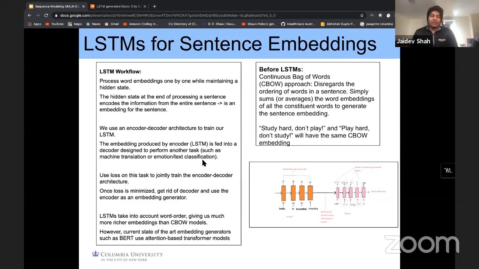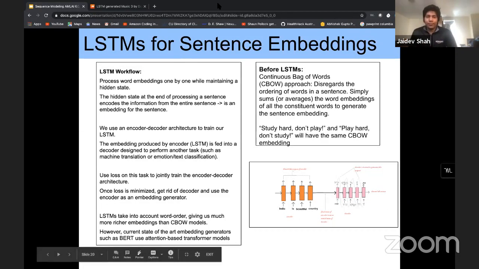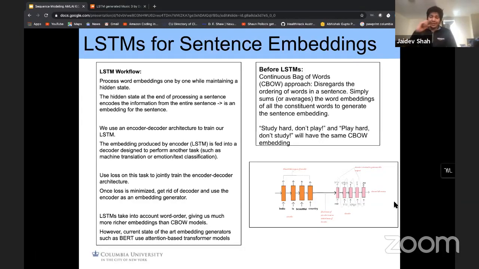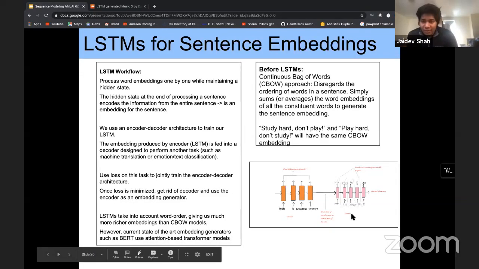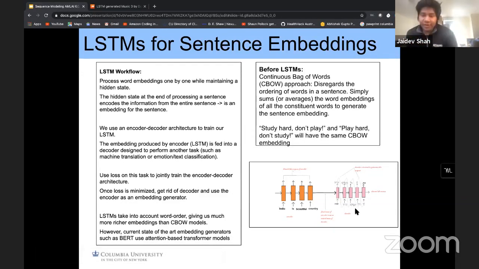In this case, our task, for example, is machine translation. I want to go from "India is a beautiful country" to the Hindi version of that sentence: Bharat ek khoobsurat desh hai. What we'll use here is something called an encoder-decoder architecture.